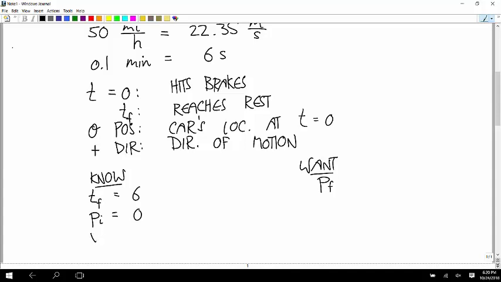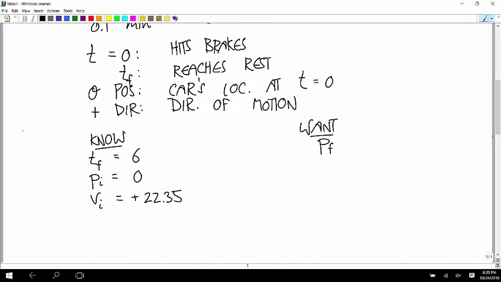The initial velocity, we know the speed at time equals 0 is 22.35. And our positive direction is the direction of motion, so this is positive. The final velocity, at time final, it comes to rest, so we know v final is 0. And that's everything. So first we want to look for an equation that has pf in it and everything else in it is known. And there isn't one that works.